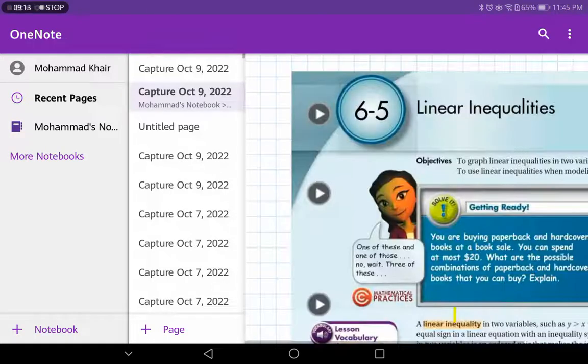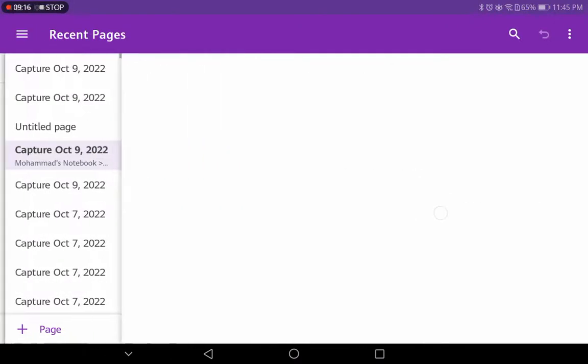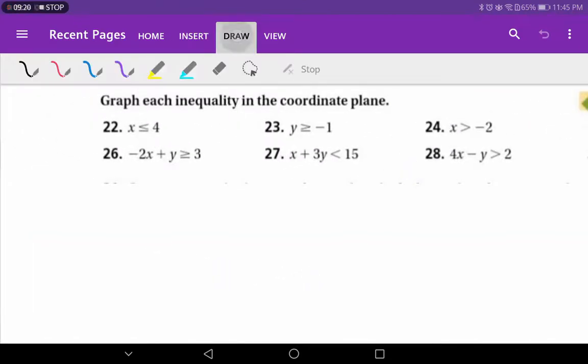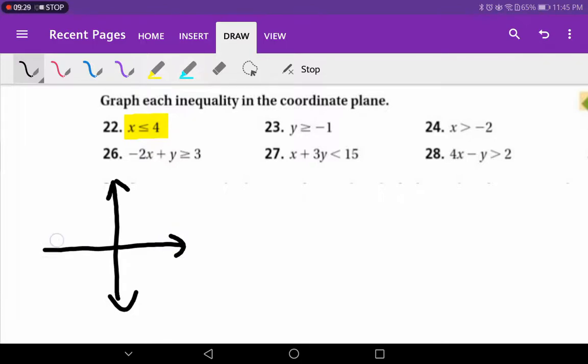First, not this but this. Yes, see, I will start from 22. I will draw 22, this one. So I will draw this x, the y coordinate. It is x, so I have to move here.